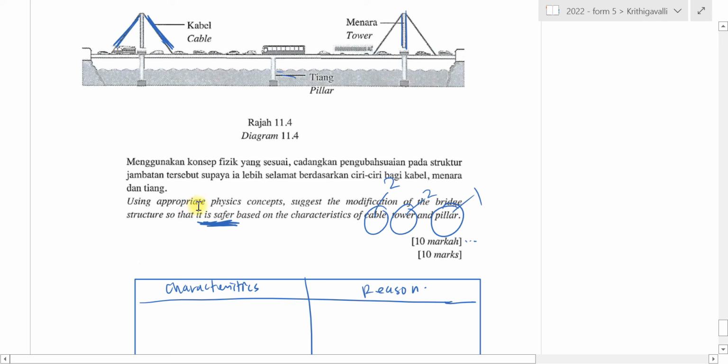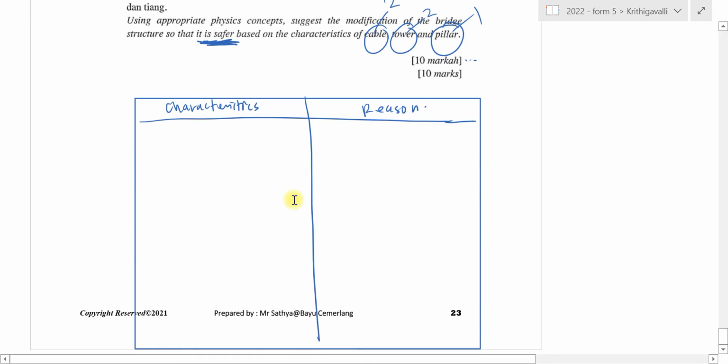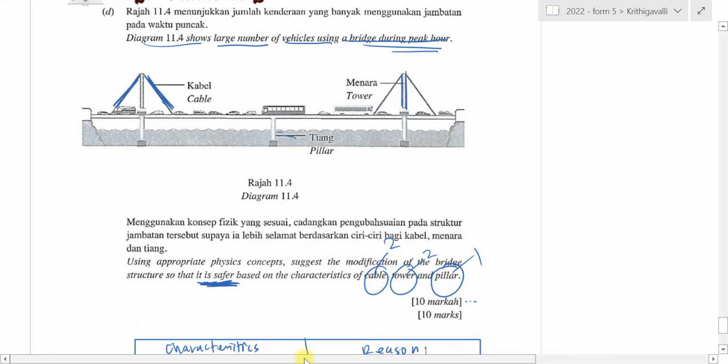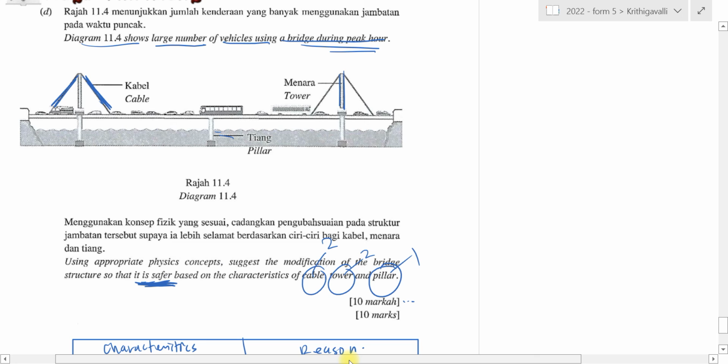Make sure the bridge is safer, that means the bridge is not easily collapsed. So for cable, I just write like this, you just put it in table form. Cable, first thing, let's talk about the tension. The cable should have high tension.